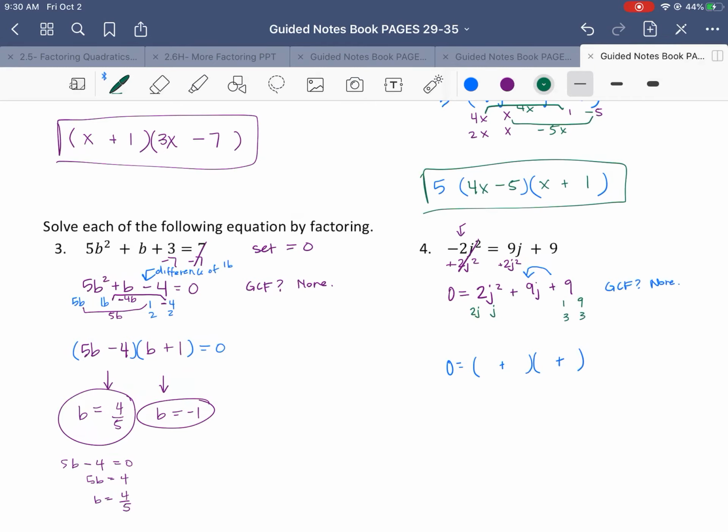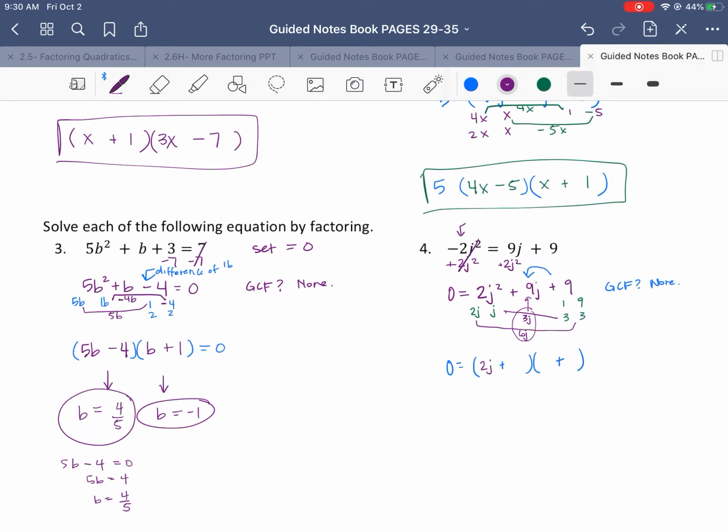Now again, we just kind of guess and check here as we go. So if we match, maybe I'll start with the bottom one, j and 3. That gives us 3j, and 2j and 3, that gives us 6j. Which there is going to add to give us the 9j that we want.